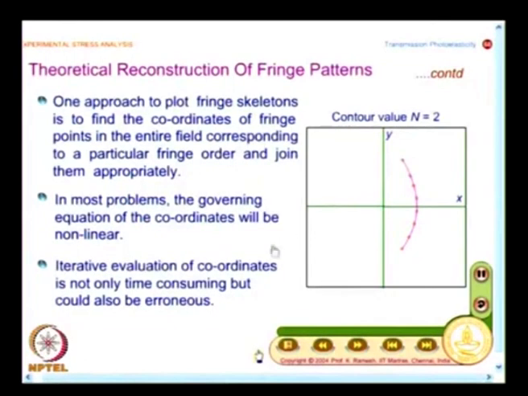So, the important aspect is in most problems the governing equation of the coordinates will be nonlinear. Iterative evaluation of coordinates is not only time consuming, but could also be erroneous. So, an approach like plotting a fringe contour, taking a fringe order N equal to 2, collecting all the data points and connecting them as a contour is not the solution.